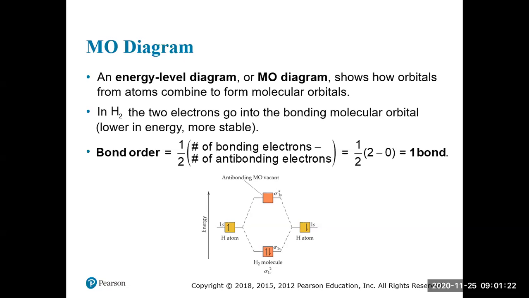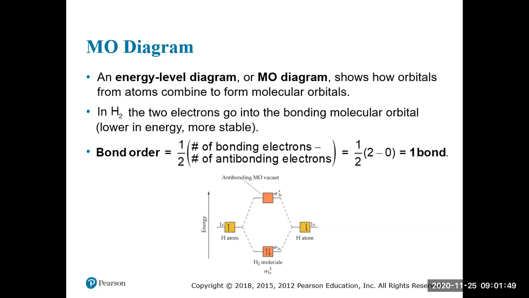There is a calculation that we do with these molecular orbital diagrams, and that's something called bond order. Bond order is just 1/2 times the number of bonding electrons minus the number of anti-bonding electrons. So in this case, for the two hydrogen atoms, we have two bonding electrons.